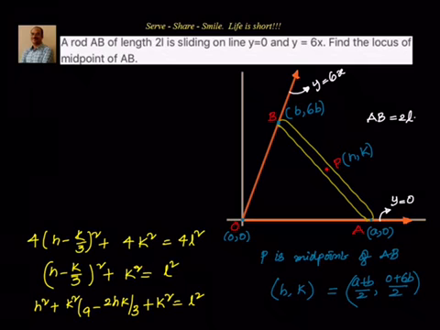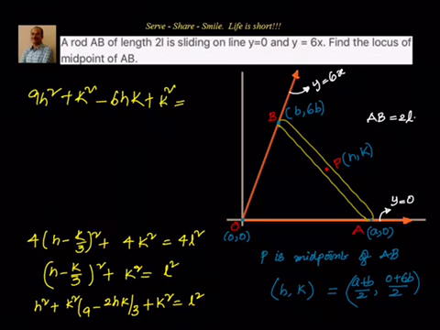So I will have 9h square plus k square minus 2hk by 3 into 9, that is minus 6hk, plus k square, which becomes 9k square, equal to 9L square.